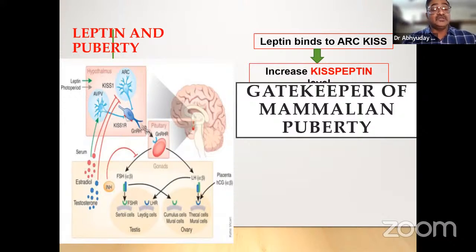So here you can see how a good leptin level can induce the kisspeptin level and ultimately start the GnRH pulse generation and increase in the LH and FSH level for a normal puberty.